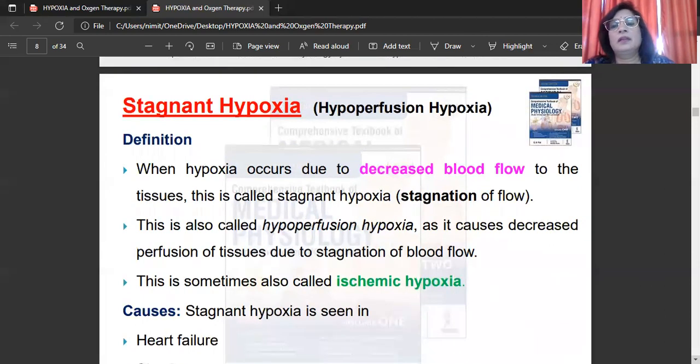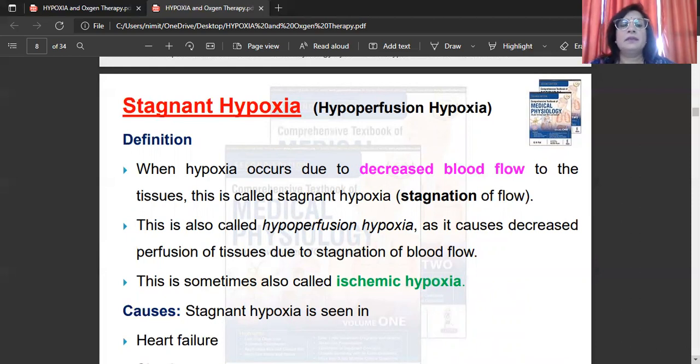Then another type of hypoxia is stagnant hypoxia. What is its another name? Hypoperfusion hypoxia. So what is stagnant hypoxia?